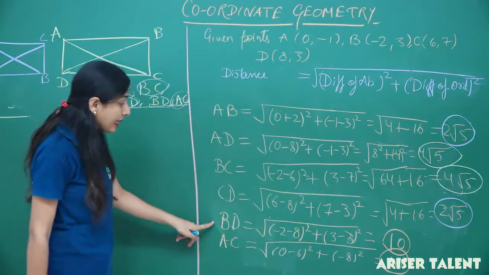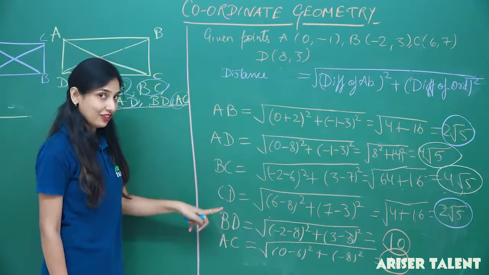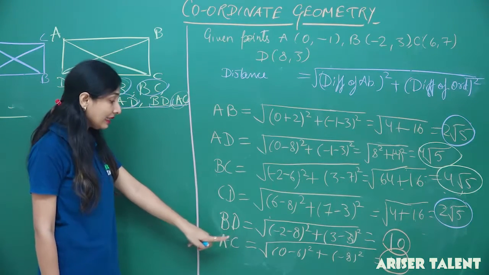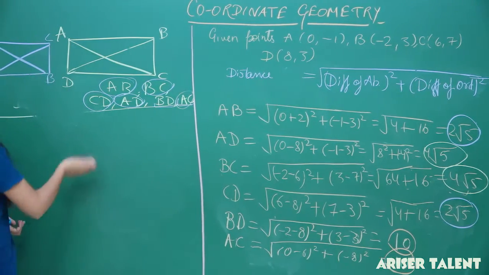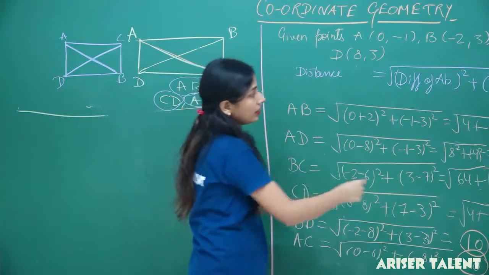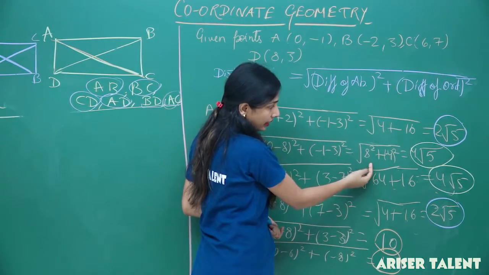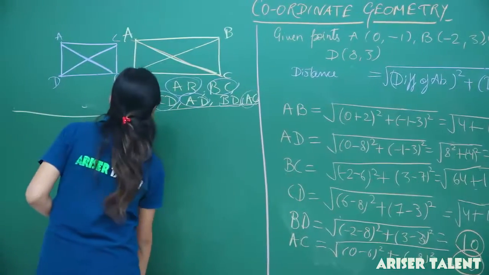So clearly BD is the largest, so it is a diagonal, and the same with AC. So AC is a diagonal. Okay. So what will we do?